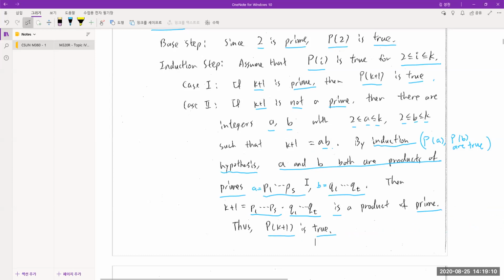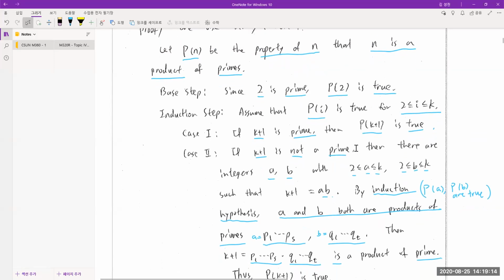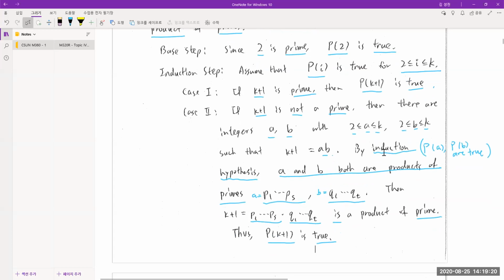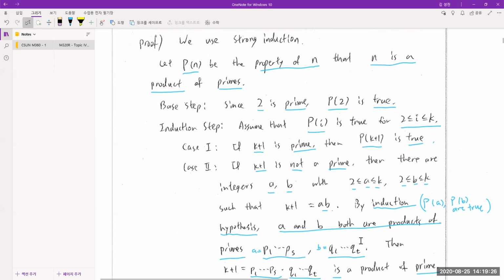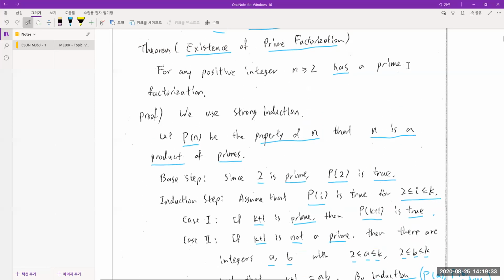So that is the completion of the strong induction. The base step is proved, and in the induction step, assuming all the previous steps, the next one also is true, which means that every integer n greater than or equal to 2 has a prime factorization.